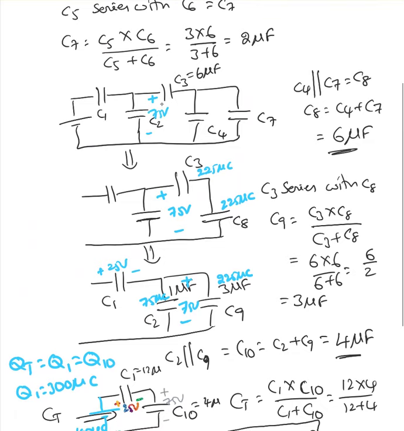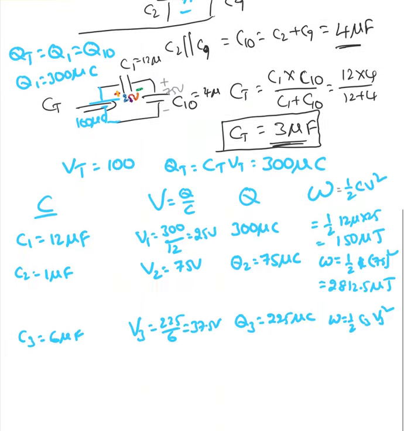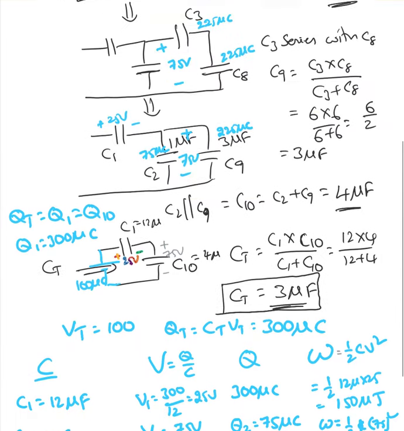Out of 75, this voltage is 37.5, so the rest of the voltage is going to be 37.5. So I can say V4 equal to 37.5 volts. From there you can find Q4, and you can find the work done or energy stored in that capacitor.